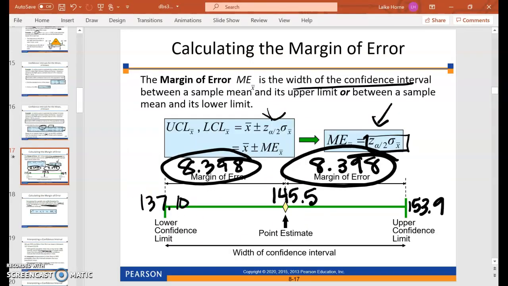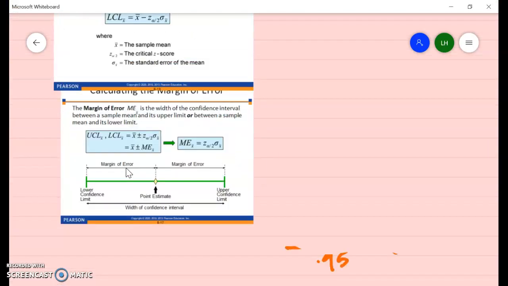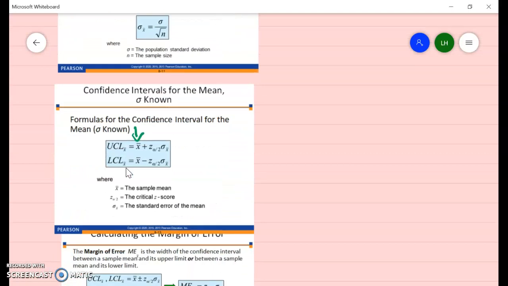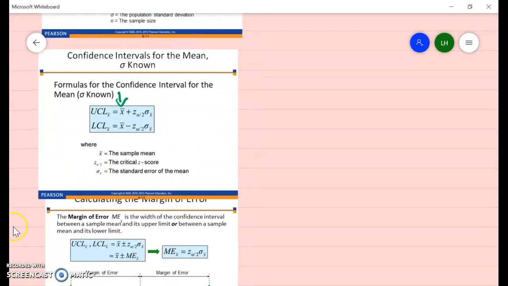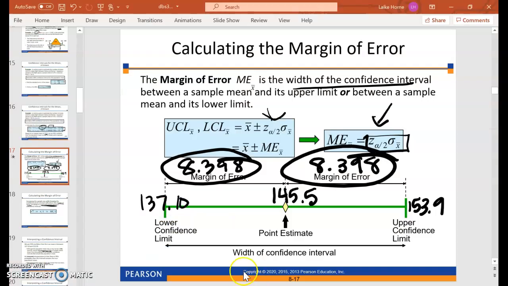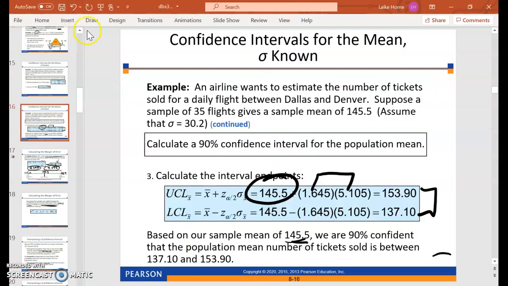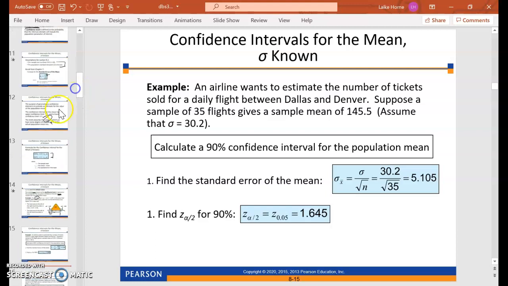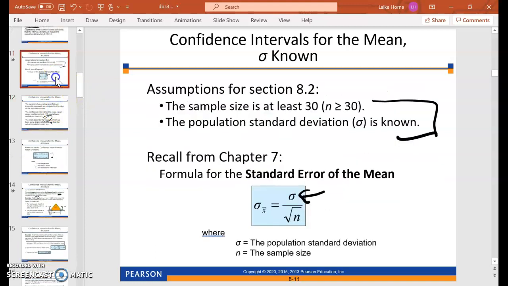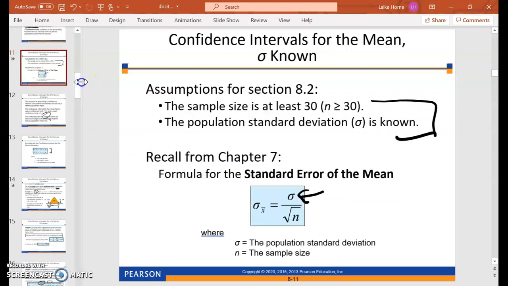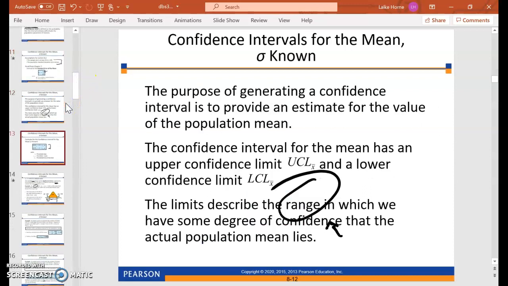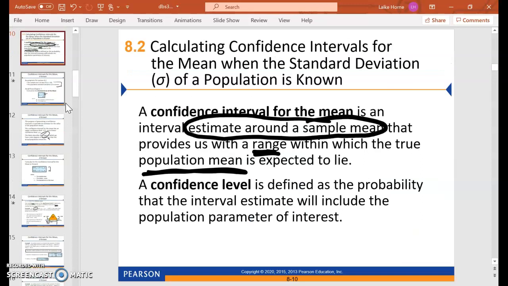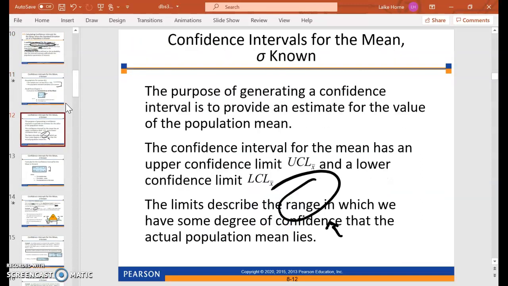Remember when we were going over this, let me go to the slide just to review, because you have to keep all of this straight. And these PowerPoints are really good to help you keep that straight.